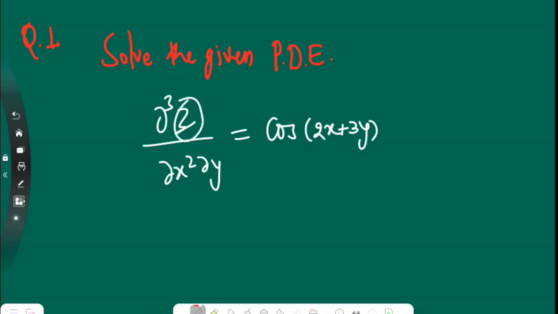You can see this partial differential equation has order of 3. Means it has been partially differentiated 3 times, and in this equation it has been differentiated 2 times with respect to x and 1 time with respect to y.